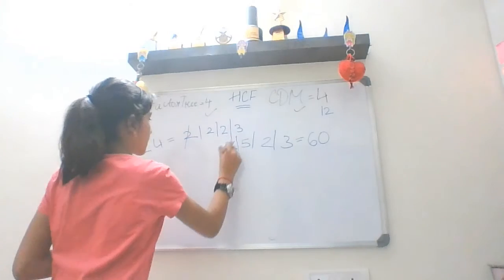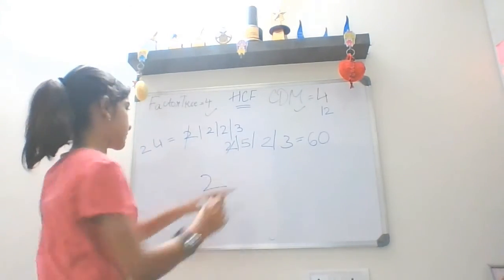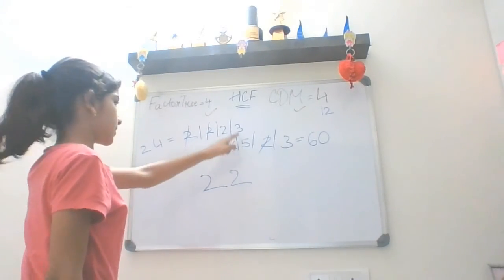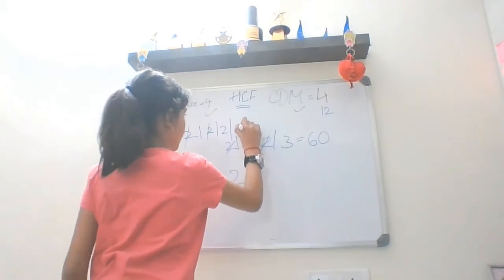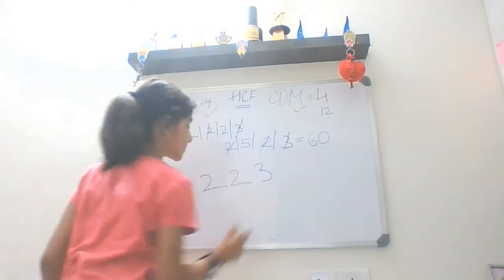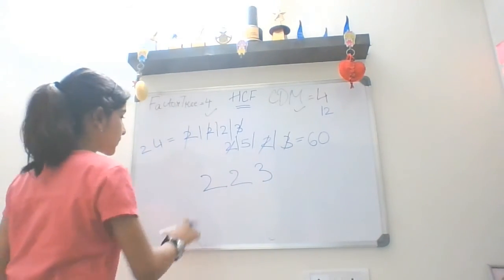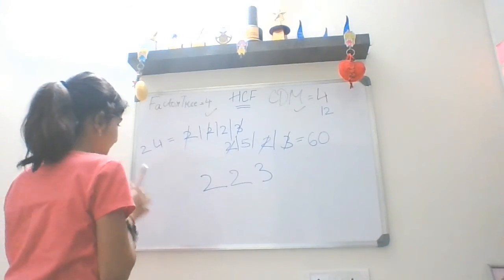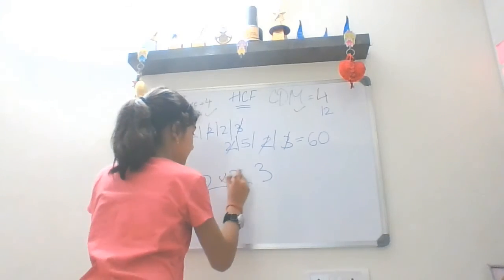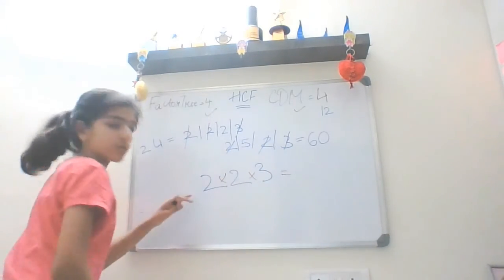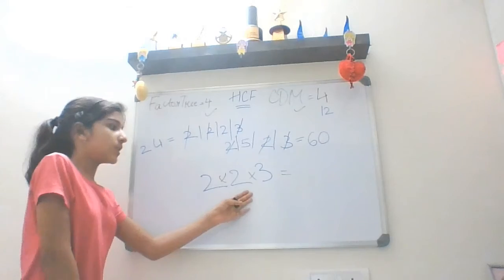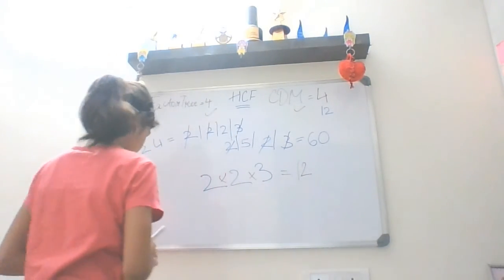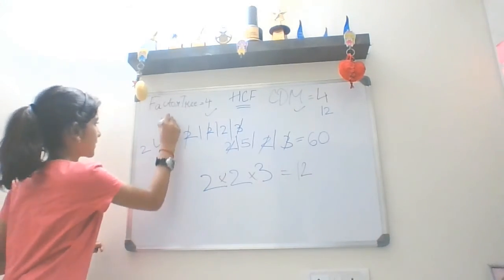Can be crossed. 2 here, 2 here. 2 here, no 2 here. 3 here, yes. Right? Any more common? No, right? So let's multiply them. 2 into 2 into 3 is equal to, 2 into 2 is equal to 4 and 4 into 3 is equal to 12. So we've got the same answer, 12.